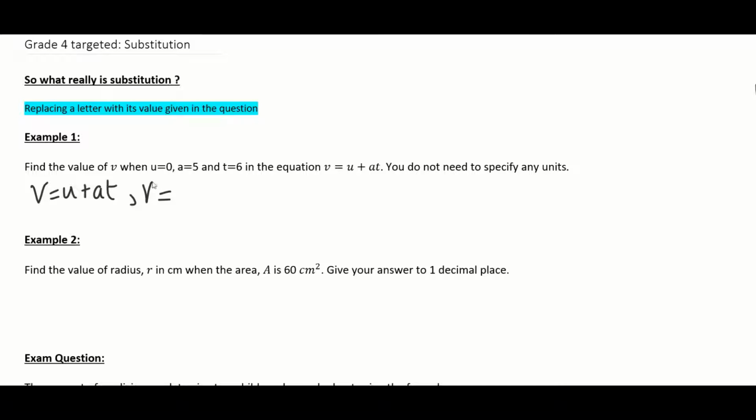Wherever there's a u, we're going to put a 0. Because there's a u here and a u here, we're going to replace the u with a 0. We're going to do the same with the a. So a equals 5, replace the a with 5.